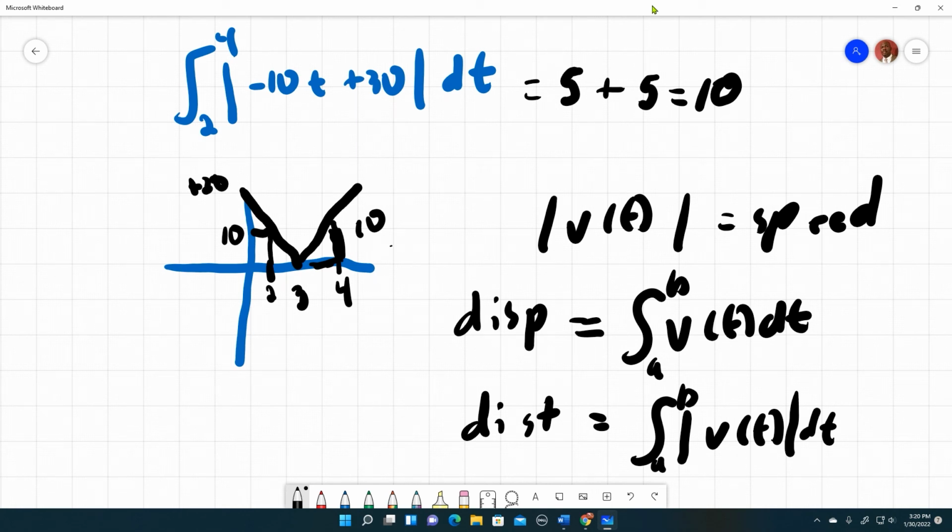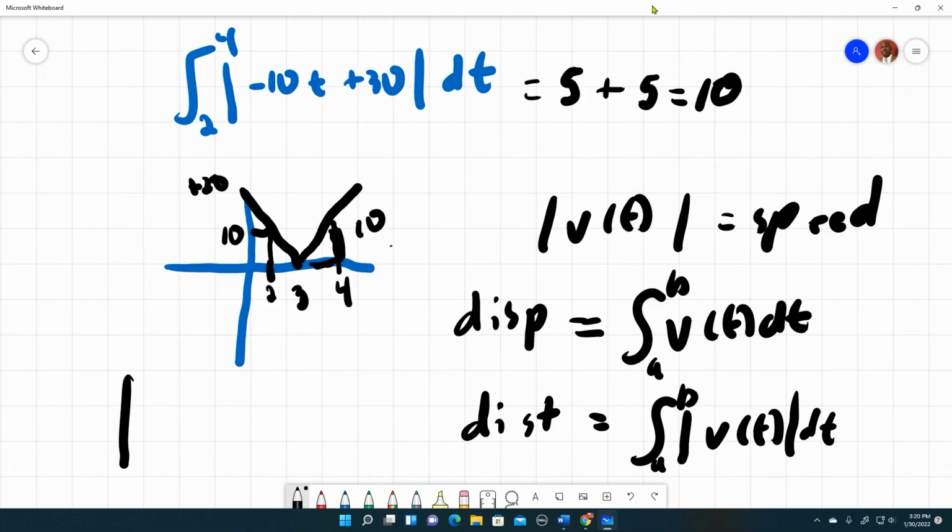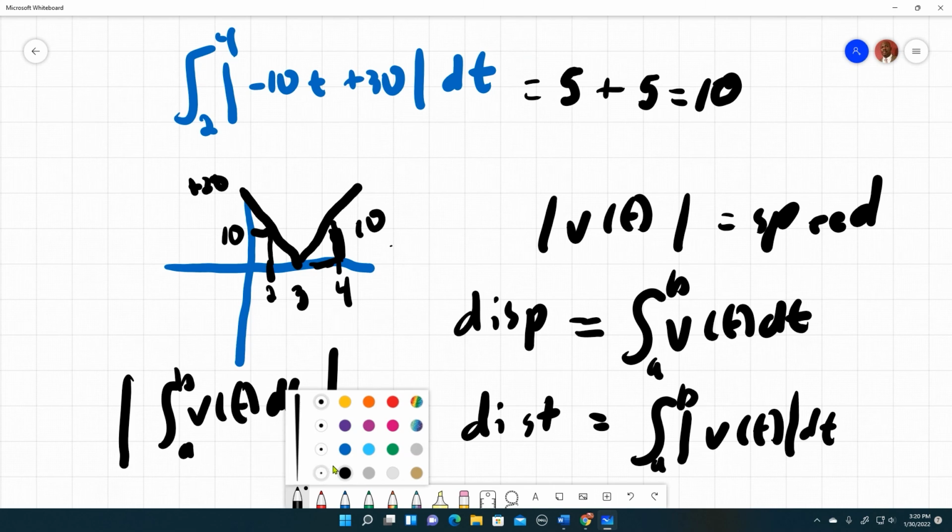Now, please understand that the absolute value is inside the integral. There's a difference from integrating the absolute value of the velocity function and taking the absolute value of the integral of the velocity function. So we're not doing that. That's what we're not doing to find distance.